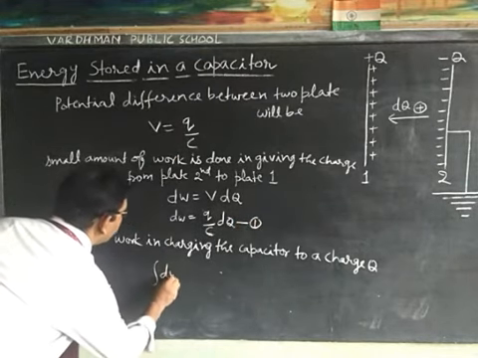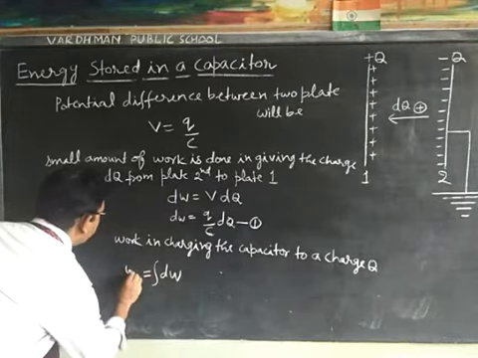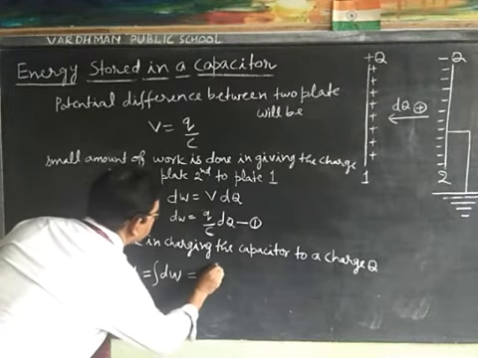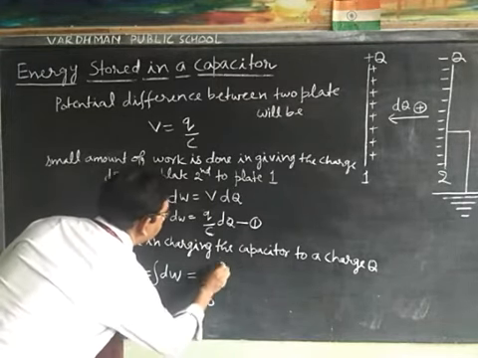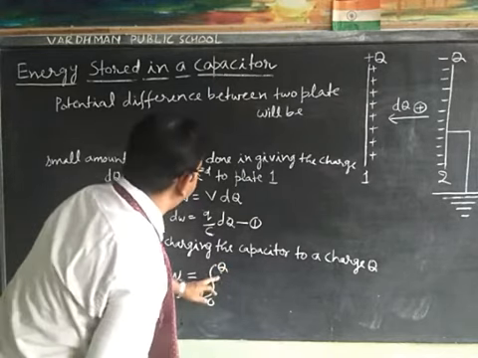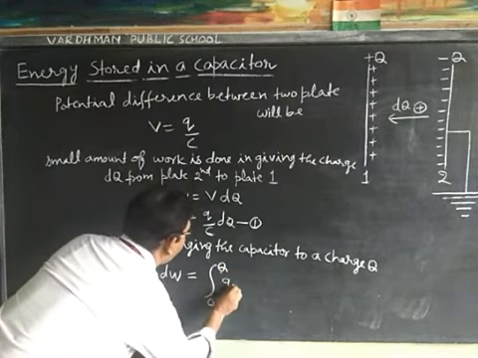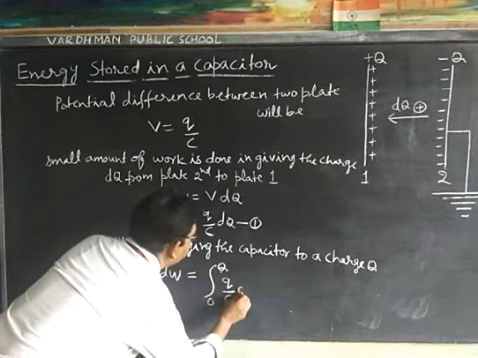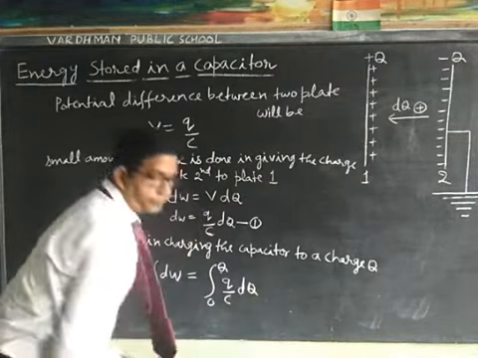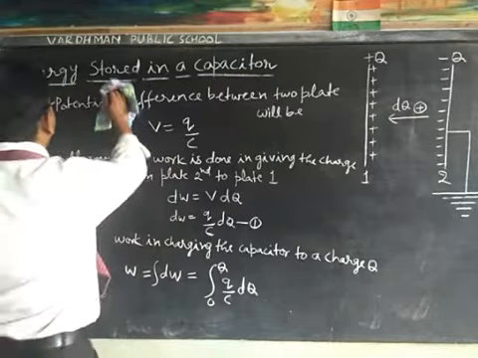The integration of dW is W, and this is from 0 to Q of Q upon C dQ.